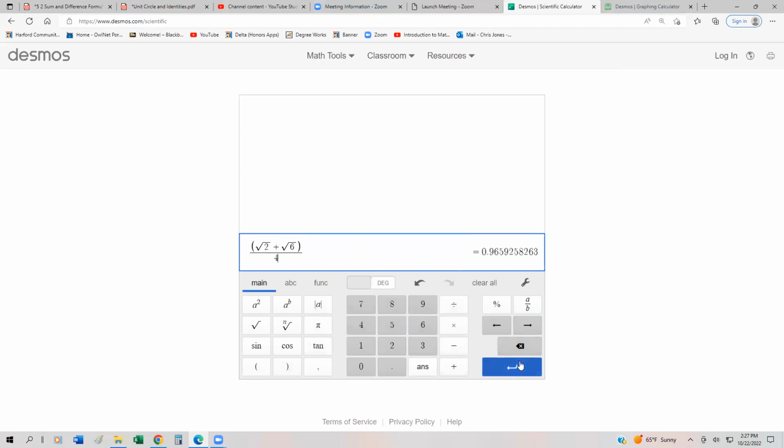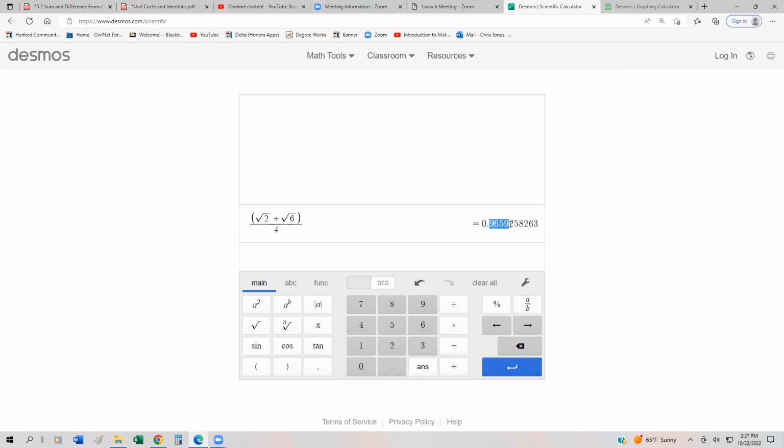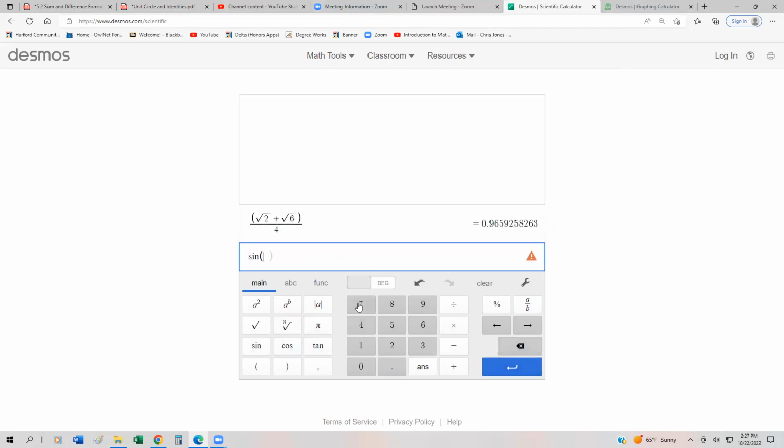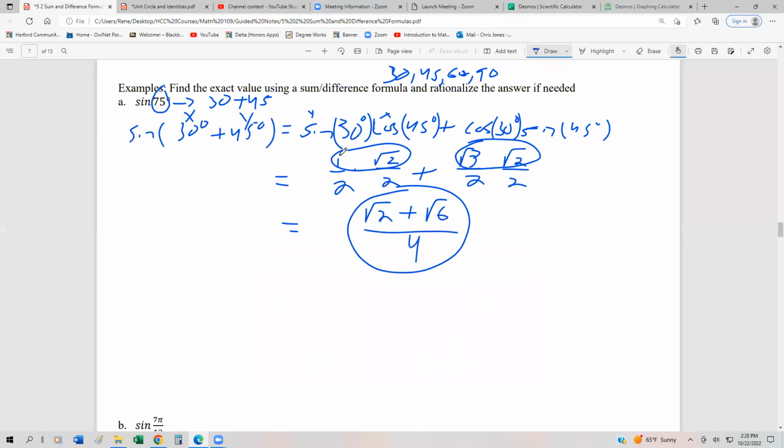We get 0.9659. And then if I type in the sine of 75 degrees, the sine of 75 is exactly that. So that's how we can check our answers to make sure that we're right. We just make sure our calculator's in degree mode and we evaluate.